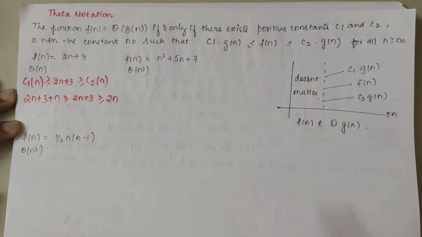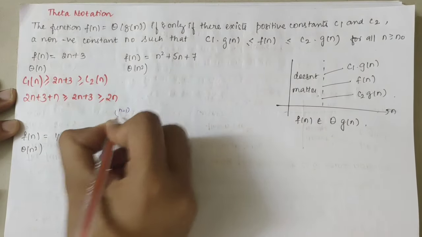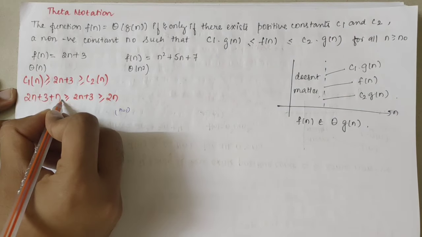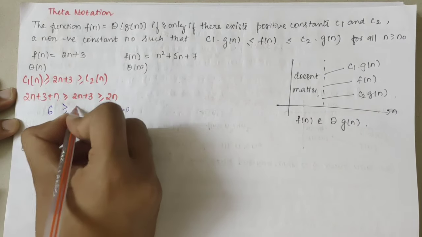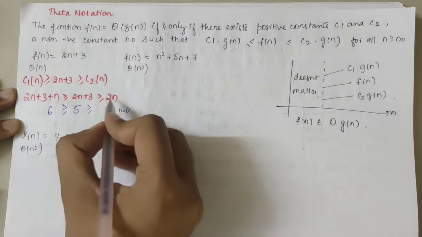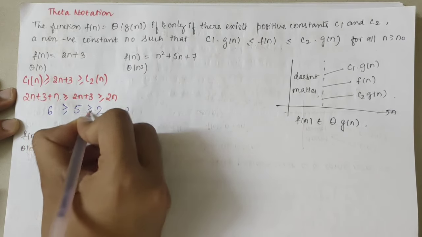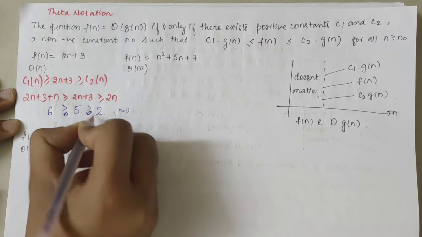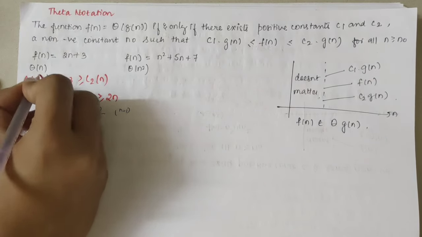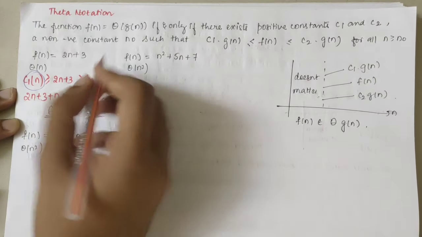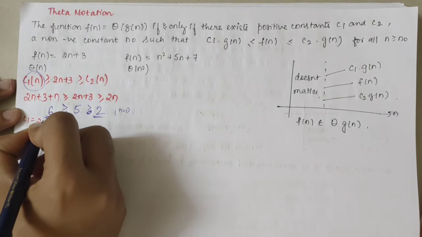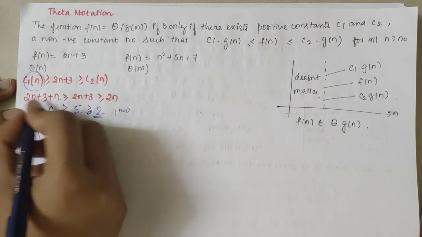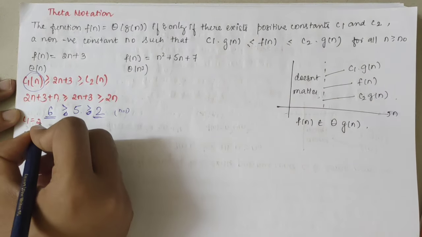Now let me fill values. N value, let me take it as 1. So 2 plus 3 plus 1, 6 I have this side, and on this side I have 2 plus 3, 5, and on this side I have 2. So 6 is greater than 5 and 5 is greater than 2. So this is the c1 part and this is for the c2 part. So I can say constant c1 is 2n plus n is 3n, 3n plus 3.